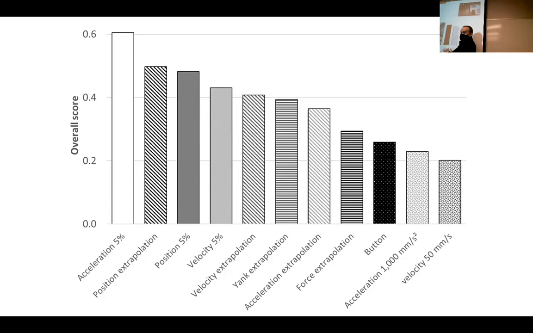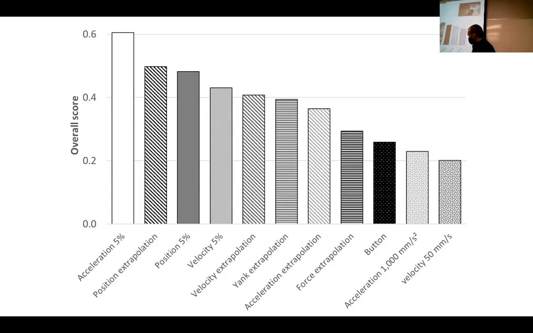And a button is simple. It's been used for a few decades in psychology research, and it seems like it actually has worth. There are a few measures that are better. This is getting into kinematics and some kinetic measures.